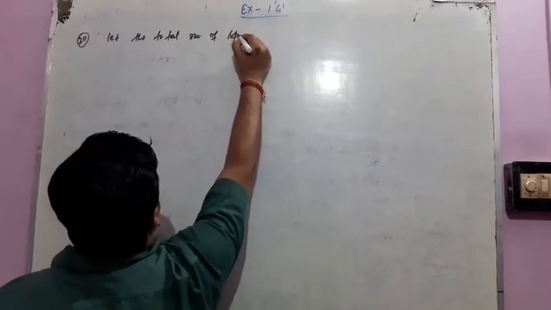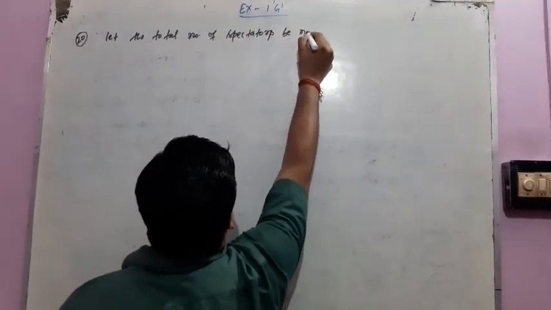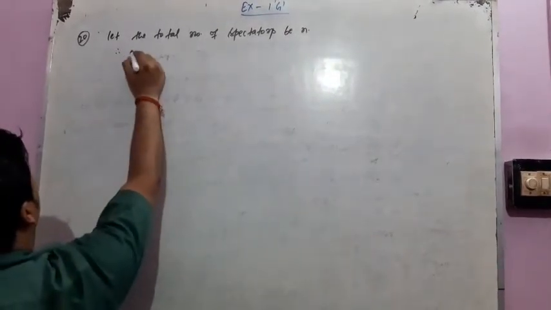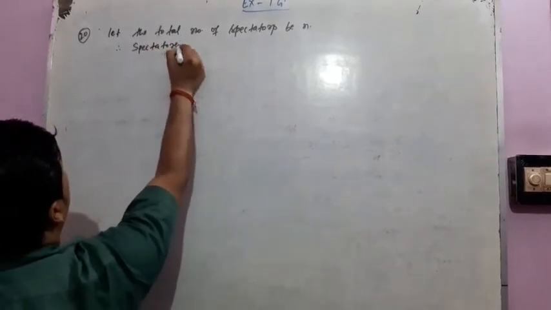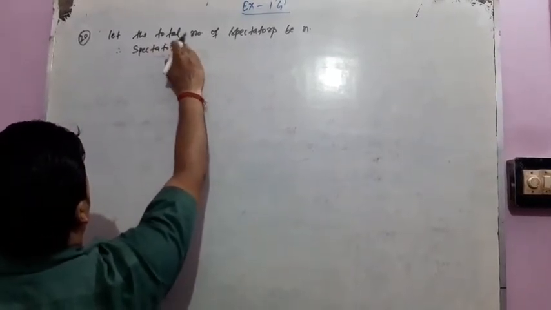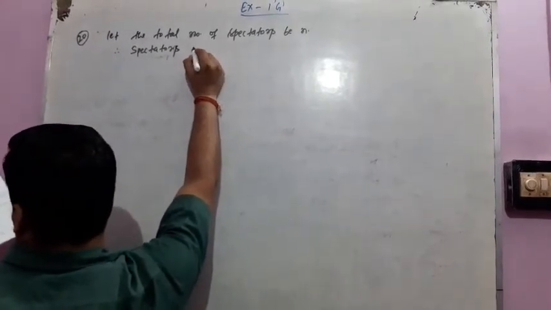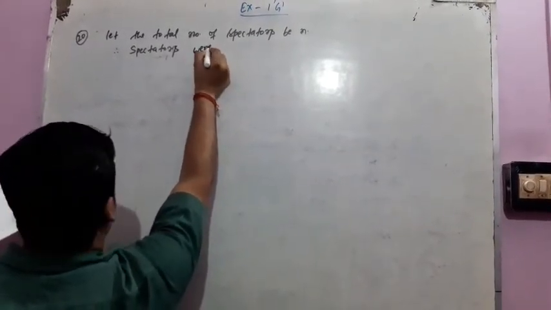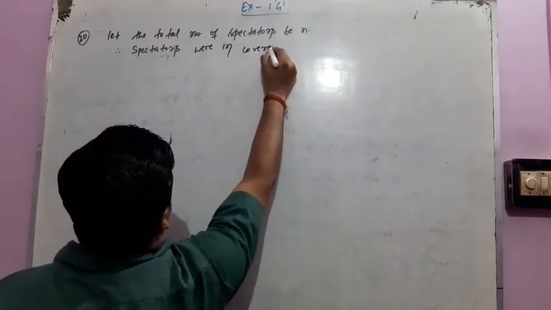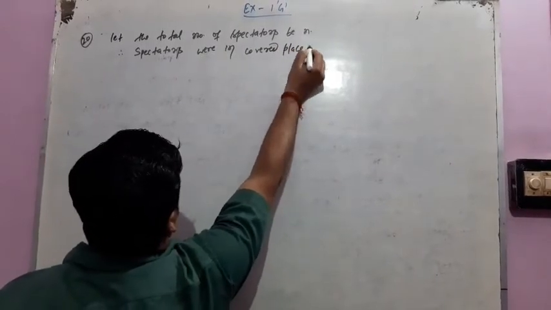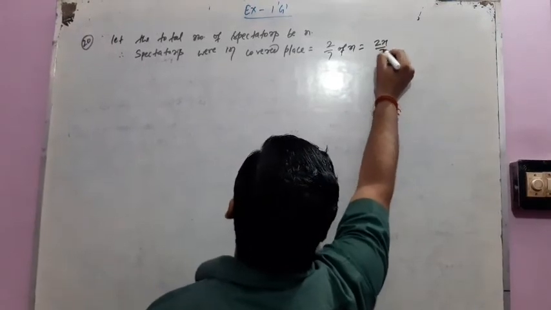Therefore, spectators who were in the covered place, that is 2/7 of x, that is 2x/7.